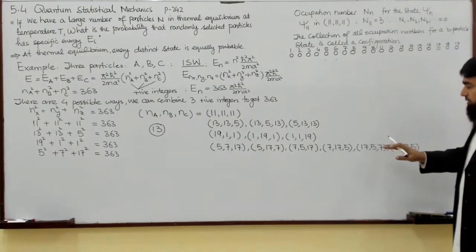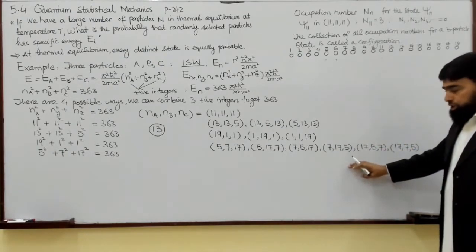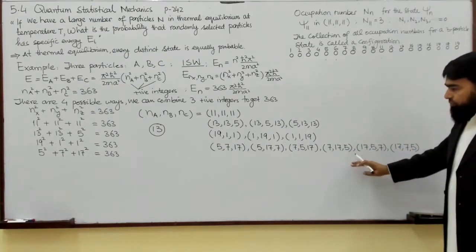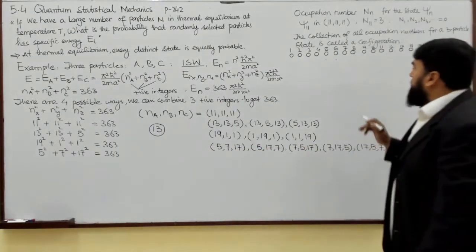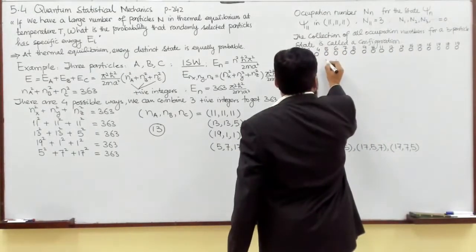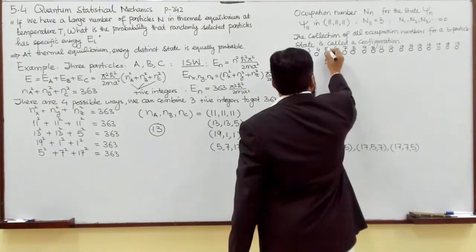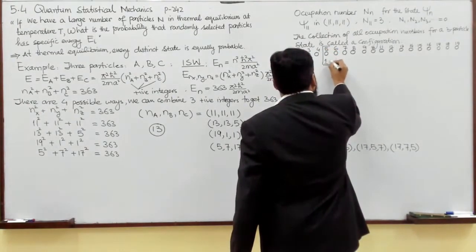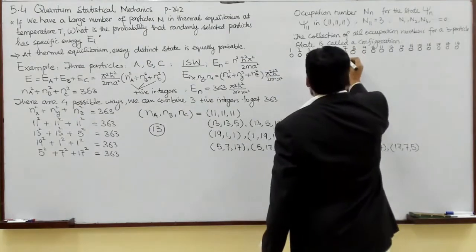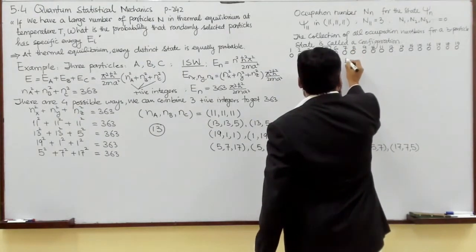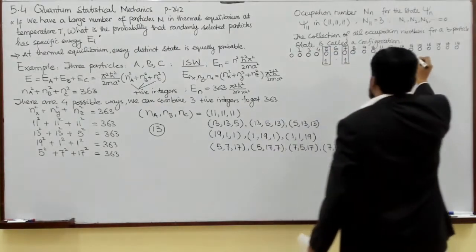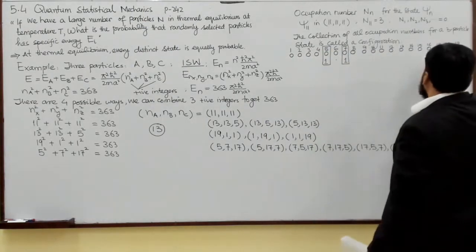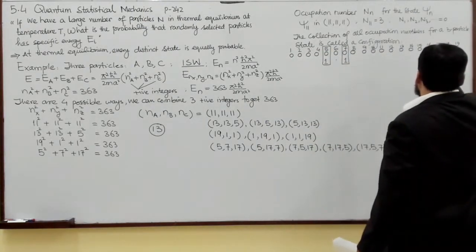And now for the last combination, I have 5, 7, 17. So 5 is 1, 7 is 1, and 17 is 1.